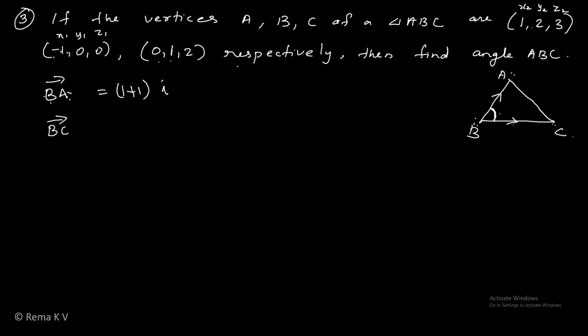So it is 1 minus minus 1, which is 1 plus 1 i, then plus 2 minus 0 j, plus 3 minus 0 k, which is equal to 2i plus 2j plus 3k.